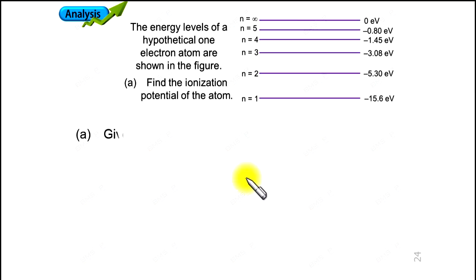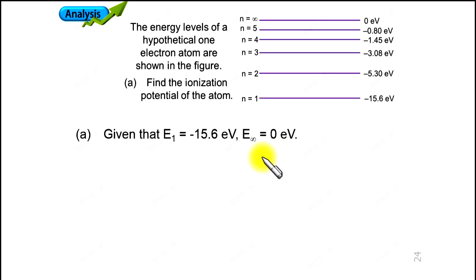So it is given, that is E1 equal to minus 15.6 electron volt, and E infinity, that is n equal to infinity, the E value is 0 electron volt, right? And we know ionization energy equals E infinity minus E1, that is 0 minus minus 15.6 electron volt, and this numerical value is equal to 15.6 electron volt.